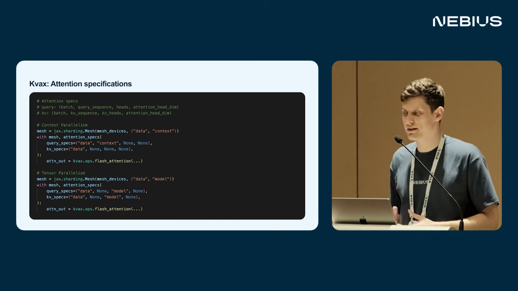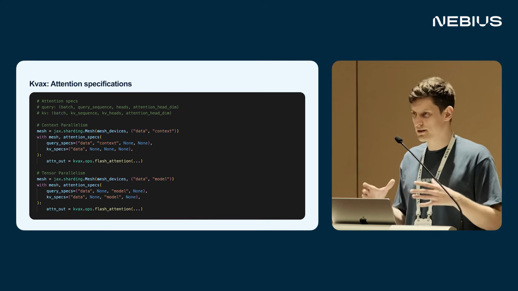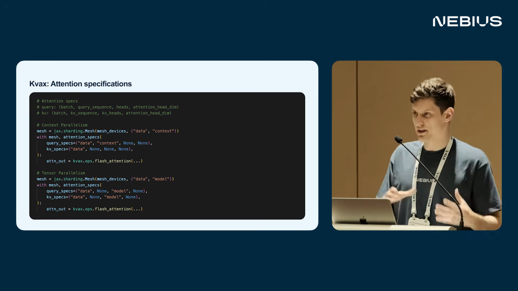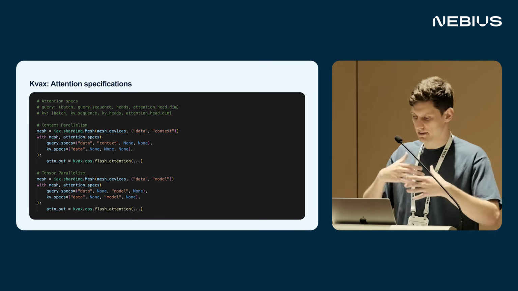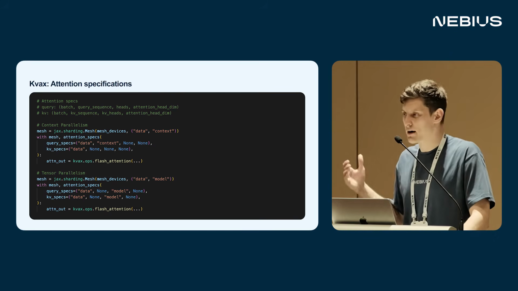This specification then automatically informs the internal shard map, defining how all inputs and outputs should be distributed. And this slide gives you a couple of examples.